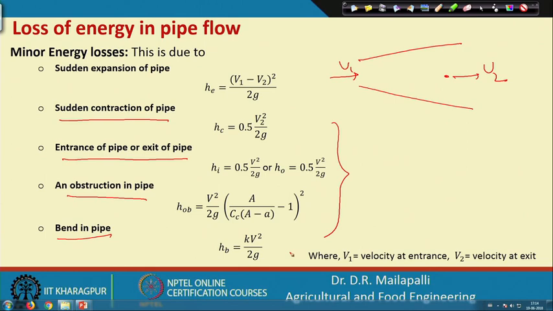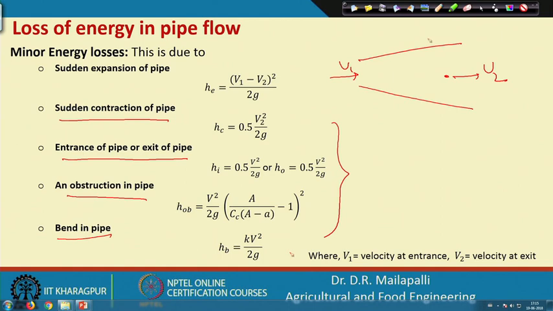For each of these in the nomograph you get the equivalent pipe length. Then you go back to the friction table and for that particular length find the friction head loss. The table gives it for 100 meters, and then you can reduce it to the particular length of the pipe. That is the way of calculating the minor head loss from the nomograph and friction table.